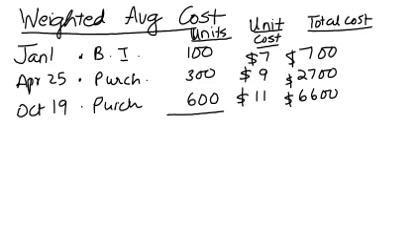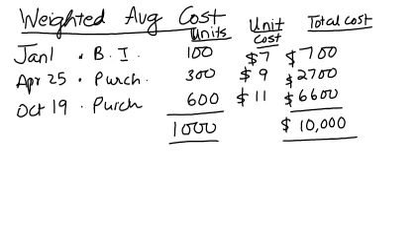So the total goods available for sale is 1,000 units and the cost is $10,000. Now assume that 800 units were sold.